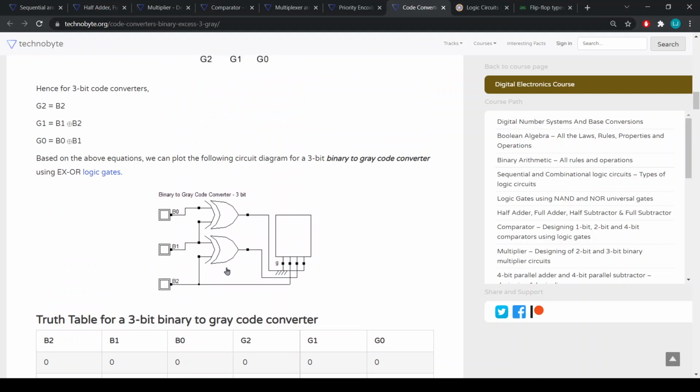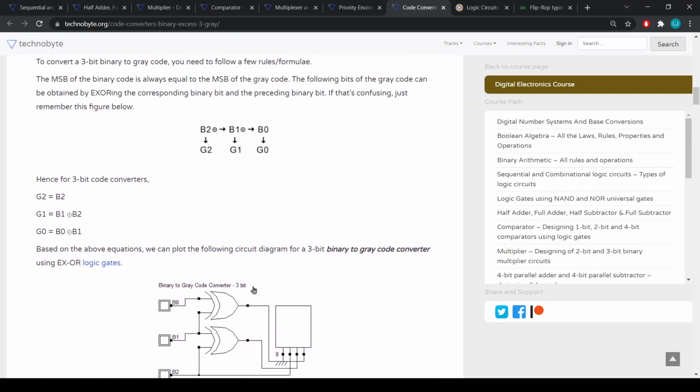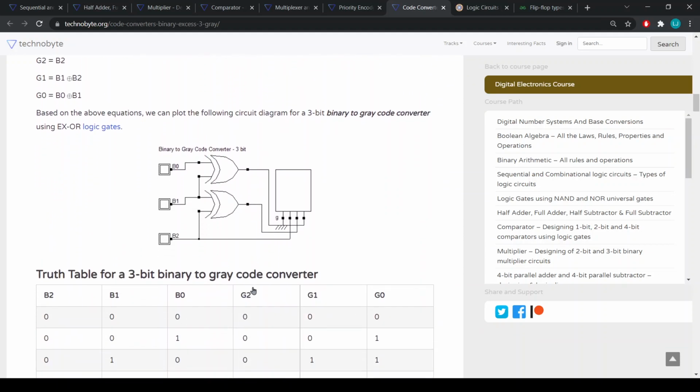So for G2, the most significant bit, we won't change this. So for G1, we find the XOR of B1 and B2. So XOR B1, B2, so still 0, and the XOR of B0 and B1 is 0.